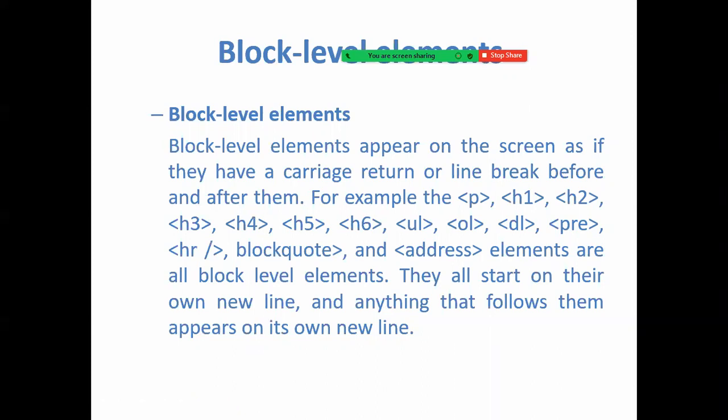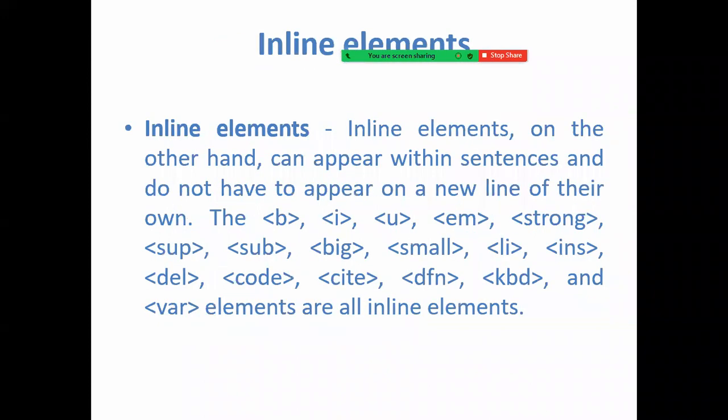That means they start on their own. You do not insert them inside some other sentences. So such kind of elements are called as the block level elements. So you need to remember what is an inline element and what is a block level element. Once again, the difference is inline elements can appear within sentences, within a paragraph, within some text.